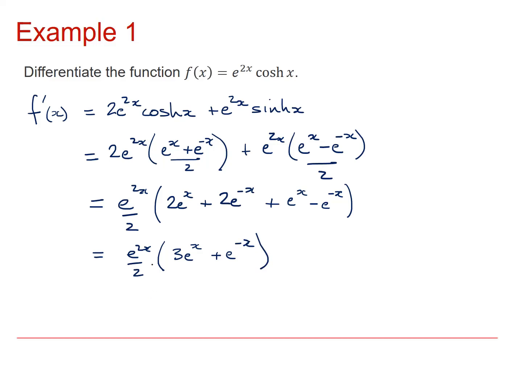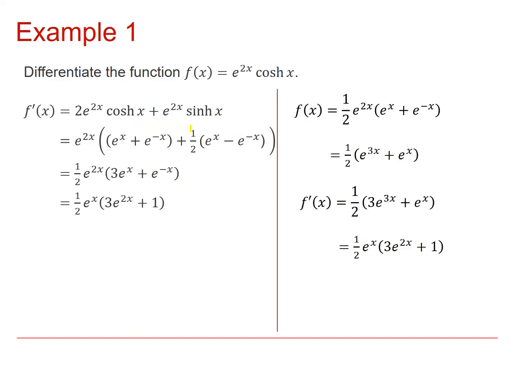Think of this as e to the x squared. I can pull one of those into here, and so I can get that as e to the x over 2, 3e to the 2x plus 1. And again, that might be the form that we're asked for, but both of these are perfectly acceptable.